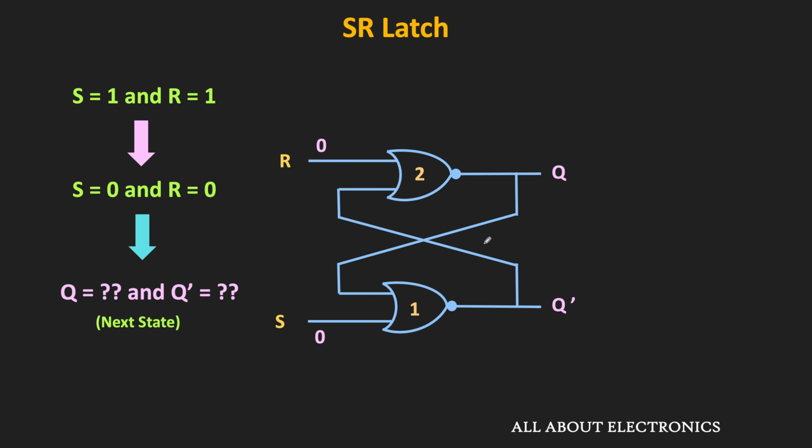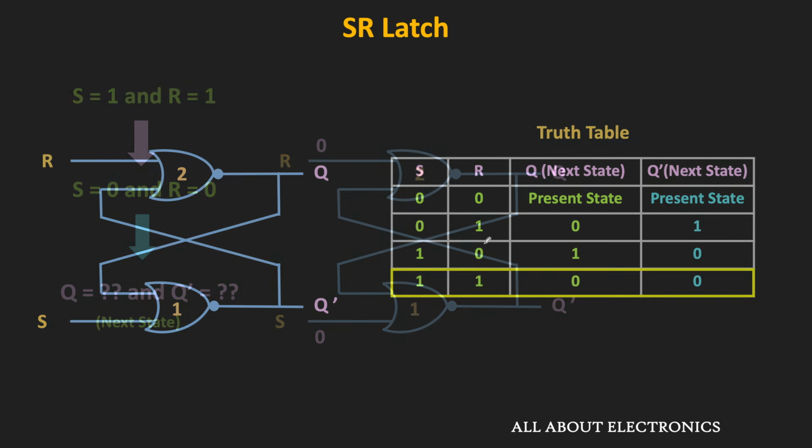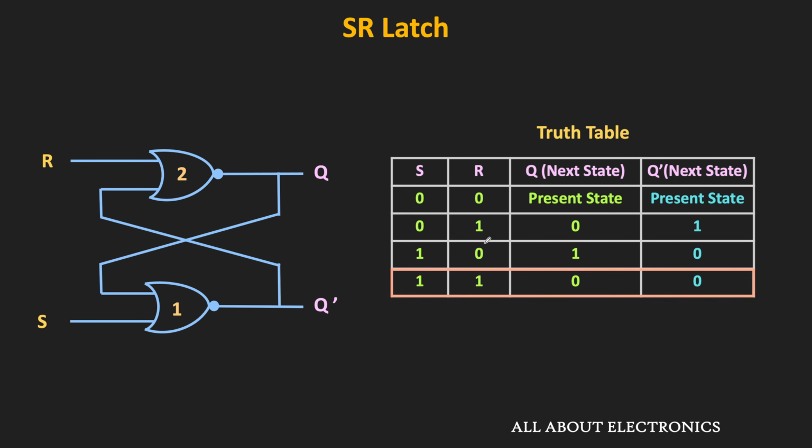In this condition, the output Q could be either 0 or 1, and that depends on the propagation delay of these logic gates. So for this SR latch, the input condition where both S and R inputs are 1 is forbidden, and it should be avoided during the operation of the latch.